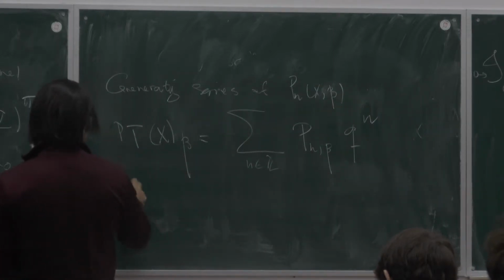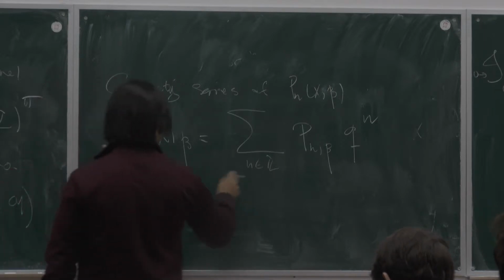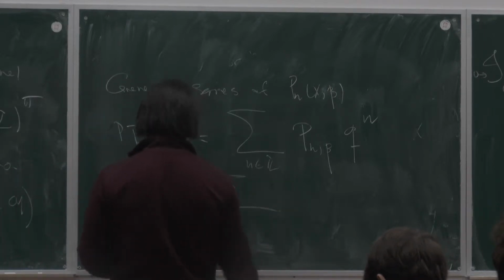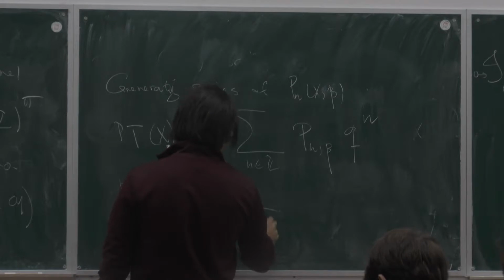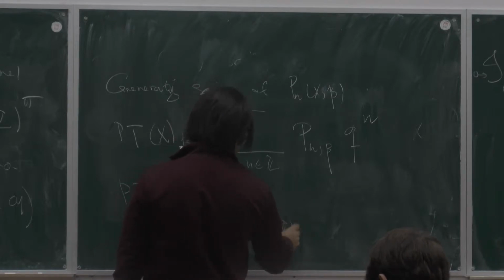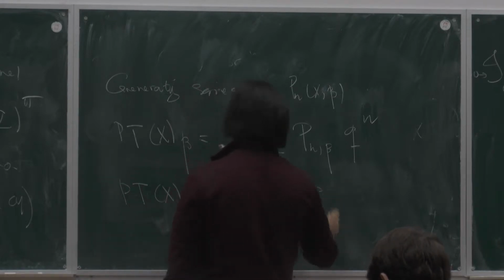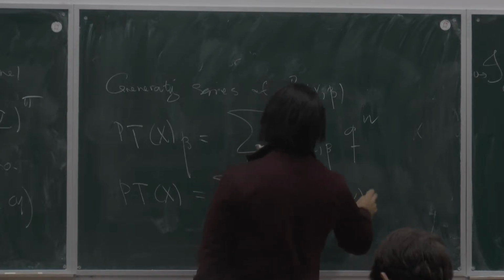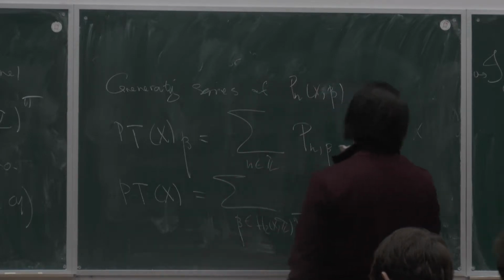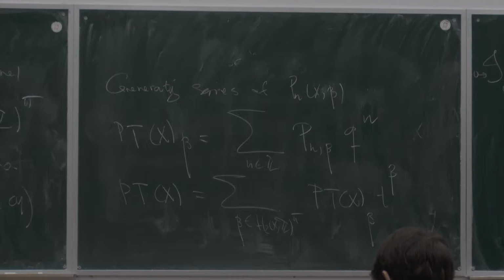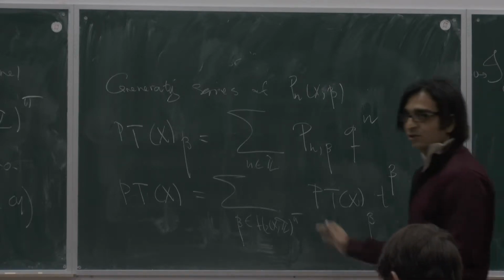And then we can also sum over betas in the vertical cohomology of X, and that is just adding these generating series with a variable that keeps track of the curve classes. So it's a double sum. That's the generating series.